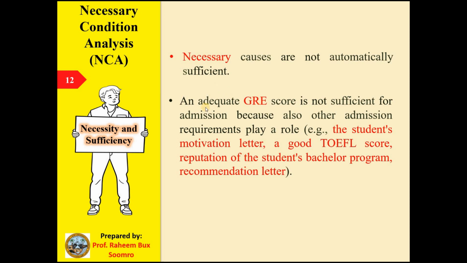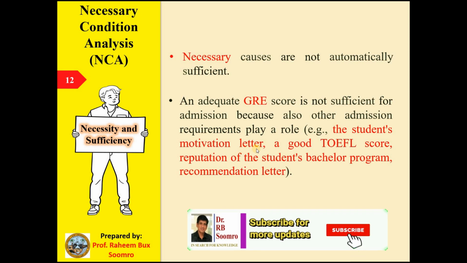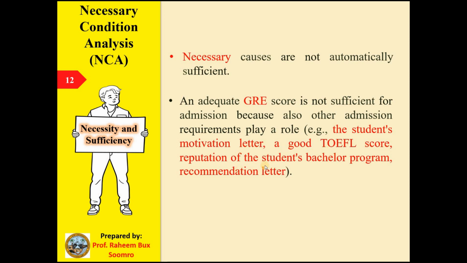For example, again, the GRE score is not sufficient for admission because other admission requirements also play a role. So this is necessary, but not sufficient. Sufficient things are the motivation letter, a recommendation letter from the student's professor, a good TOEFL score, the reputation of the student's bachelor program, and some other things may be there.